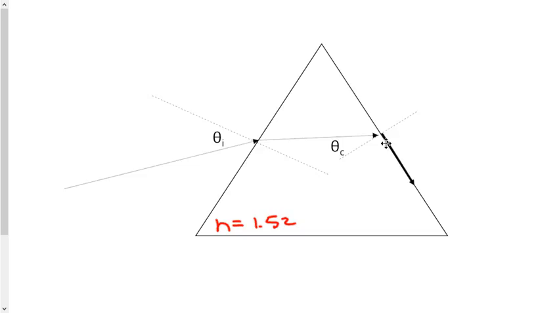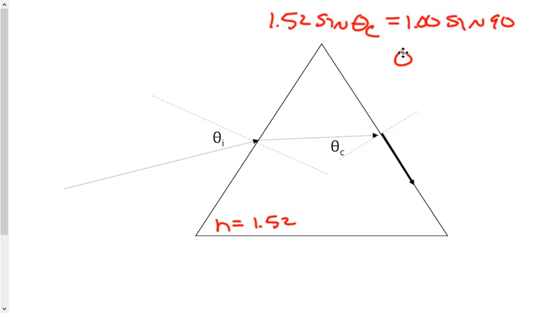Well, the emerging angle is trying to come out in air, so our Snell's law is going to look like this: 1.52 times the sine of theta critical is equal to 1.00 times the sine of 90. And theta critical is going to turn out to be 41.14 degrees. So at this angle, the light will be refracted parallel to the side and perpendicular to this normal.